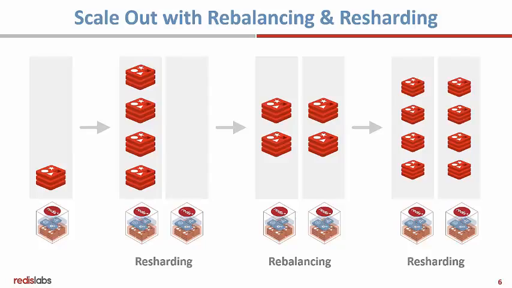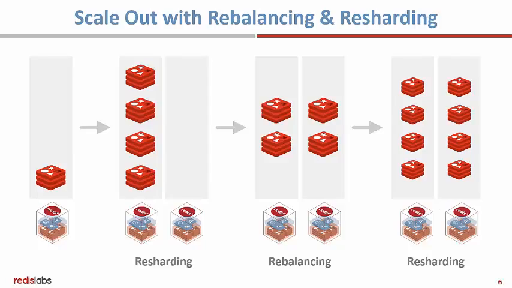Let's say I start off over on the left, and I've got a single node, and upon it I have a single shard of Redis. Let's say I reach some kind of limitation, whether it's CPU, could be RAM. In this case, it wouldn't be RAM, but maybe it could be network. It's some bottleneck of some kind, and I need to scale up.